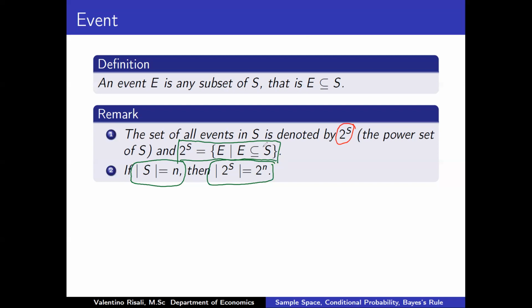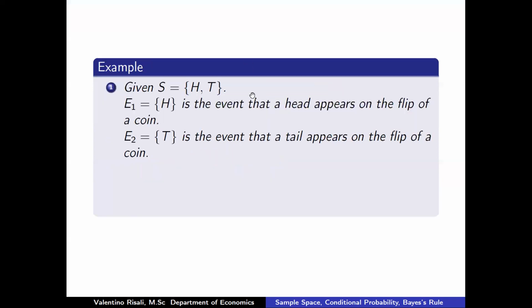This formula will be useful to us when we must list all of the events in a set. For example, if the sample space S contains H and T, E1, a set that contains only H, is an example of an event.